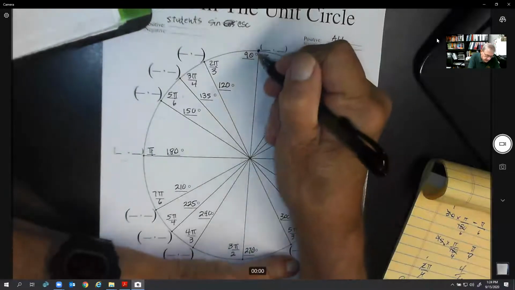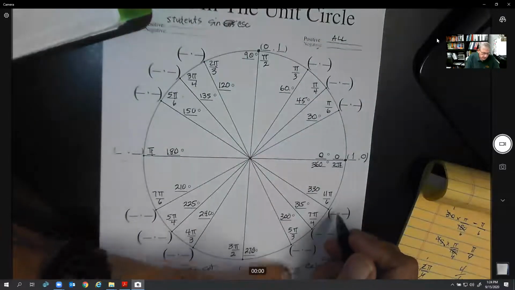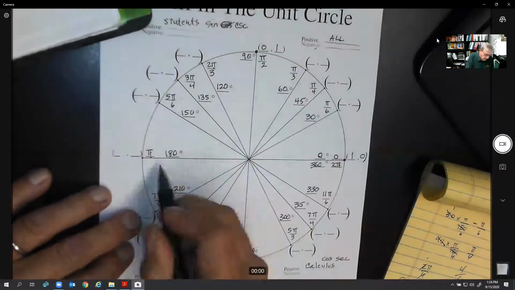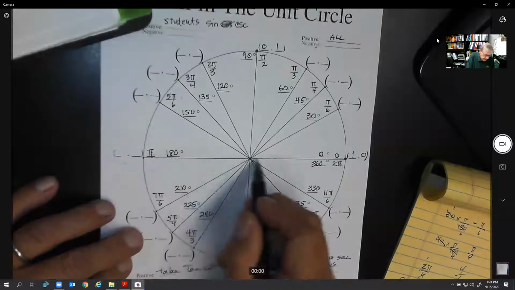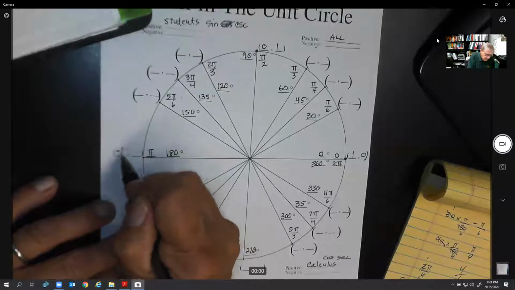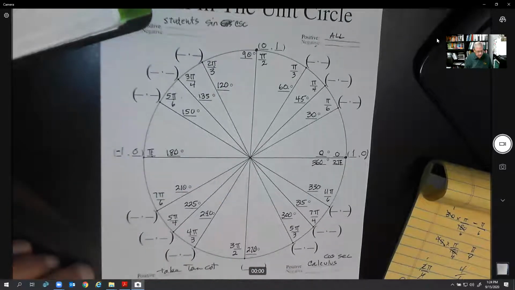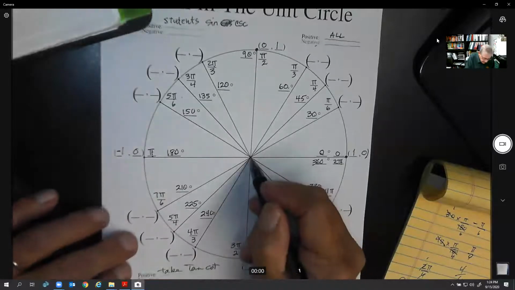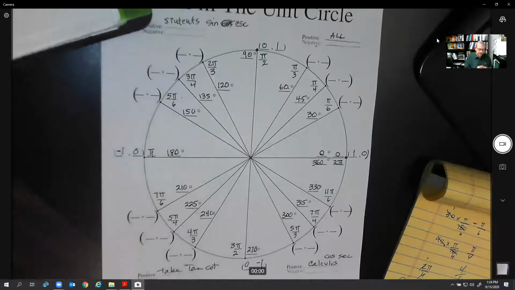This point is 0, and we went up 1 unit, (0, 1). Okay. What is this value? This would be (-1, 0), right? And then this would be (0, -1). So we got those filled in.